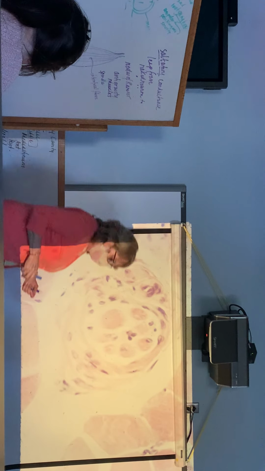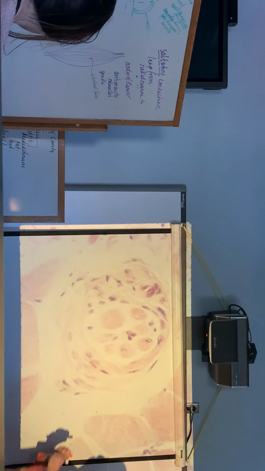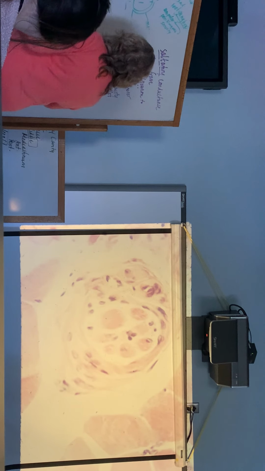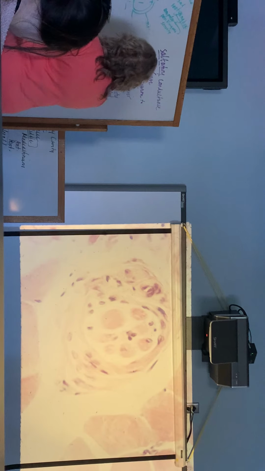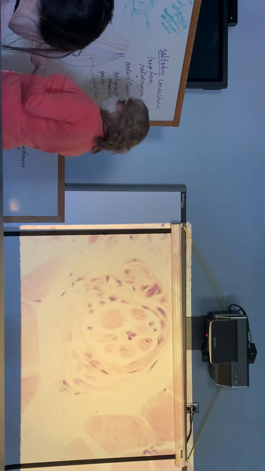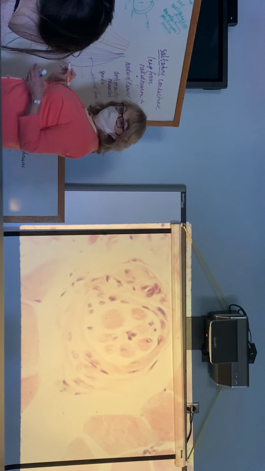So let me get another color. Out here, just surrounding this guy, you have all the regular muscle fibers. But see what we've done in this is a complete cross section. We've gone across it.